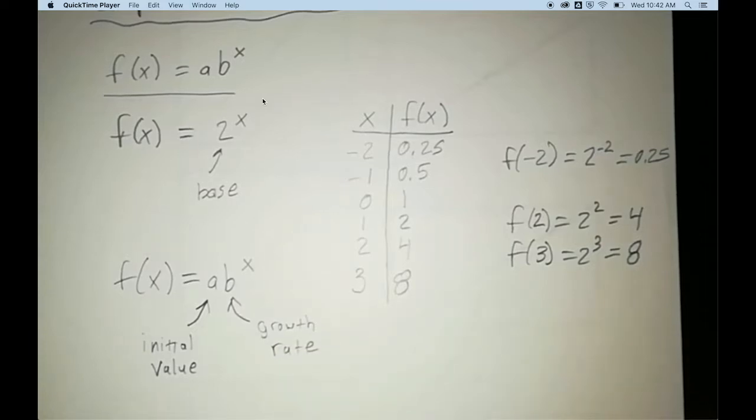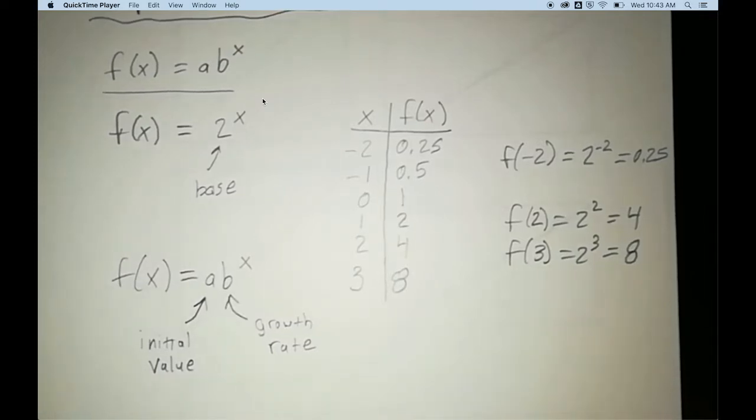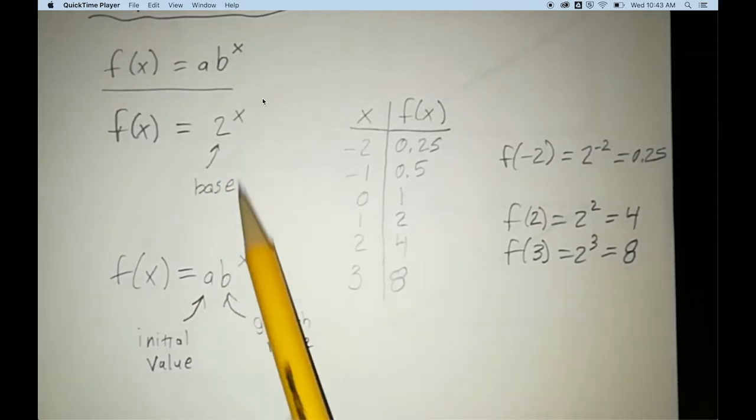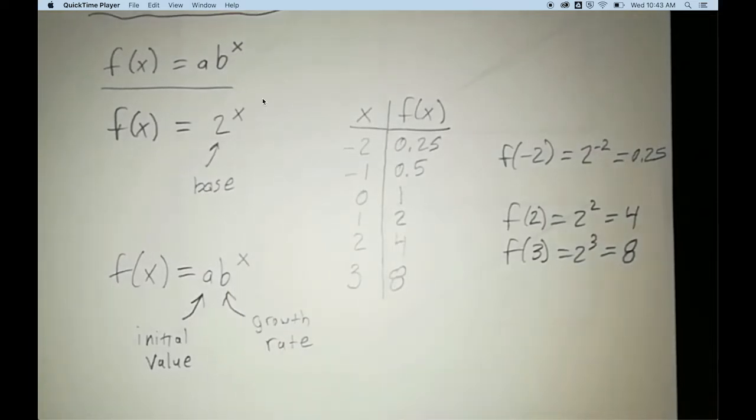Similar to the common ratio when we were studying sequences, so I might call that the common ratio also. And of course, we could also call it the base, like I said earlier. It's the base of the exponent. All right, so that's your basic exponential function.